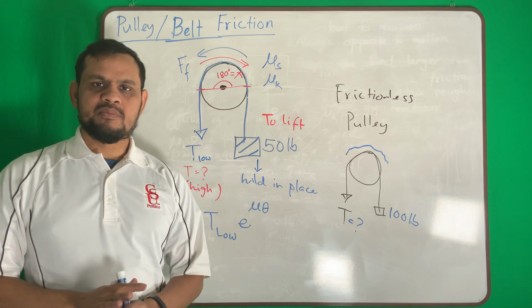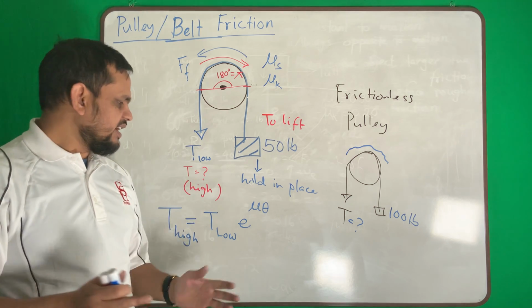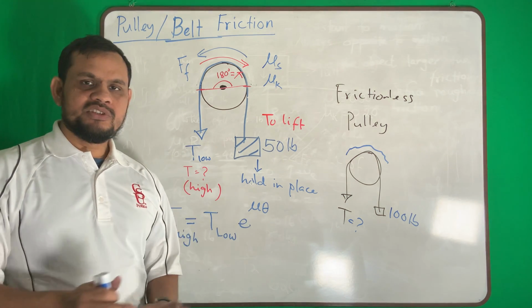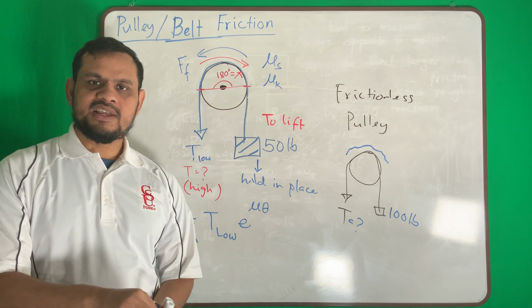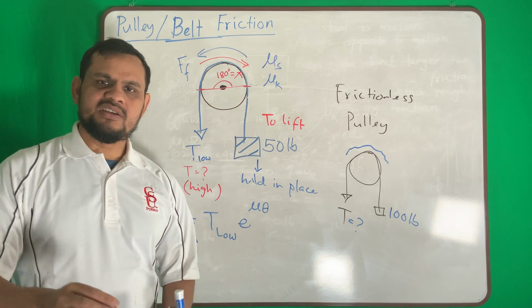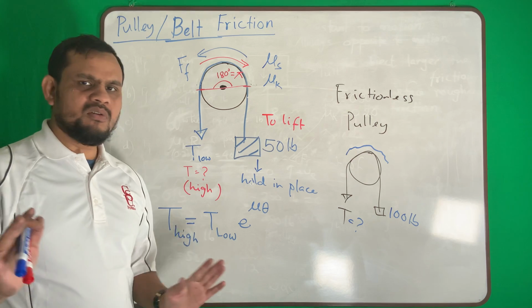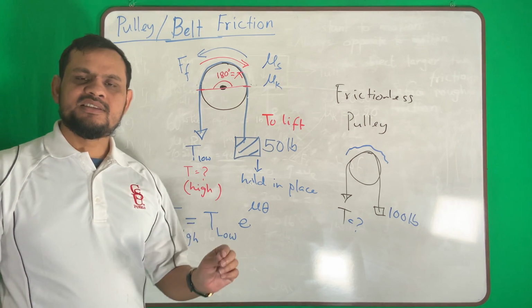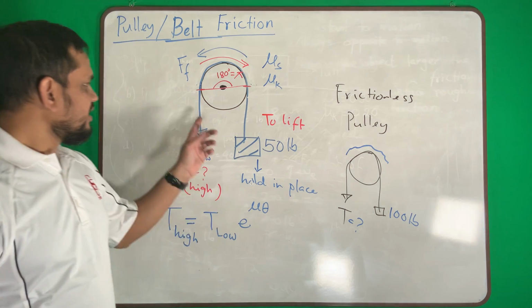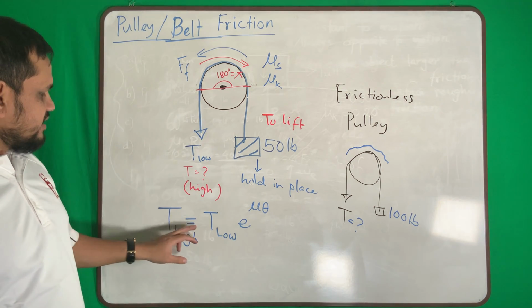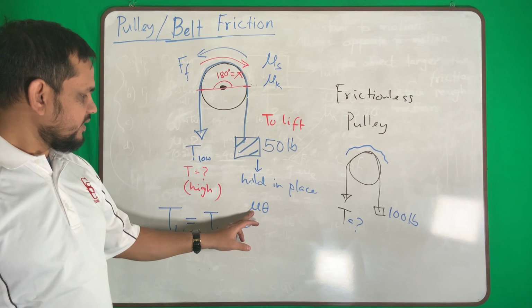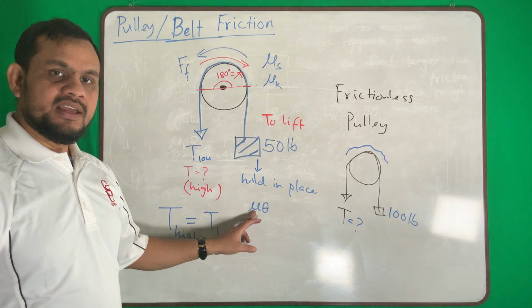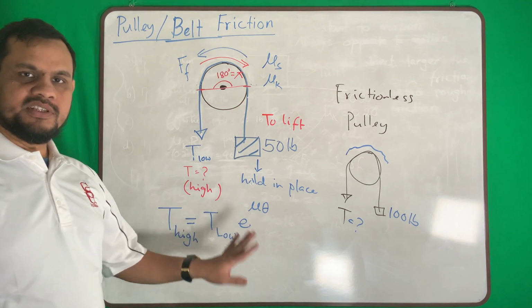That is something to remember. So here it will be radian. So T high is T low e to the mu times theta. This is the equation.